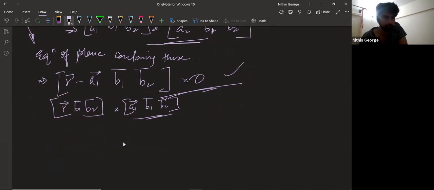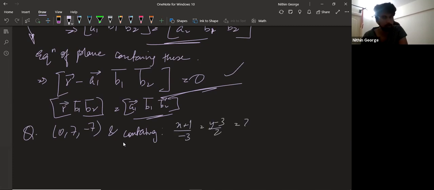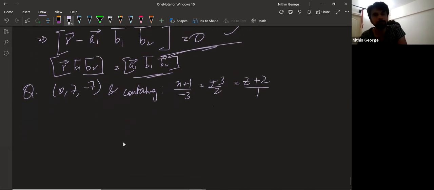Okay, here's a question for you. Find equation of plane going through 0, 7, minus 7 and containing the line (x plus 1) by minus 3 equal to (y minus 3) by 2 equal to (z plus 2) by 1. What do you do here? First write whatever you got here.